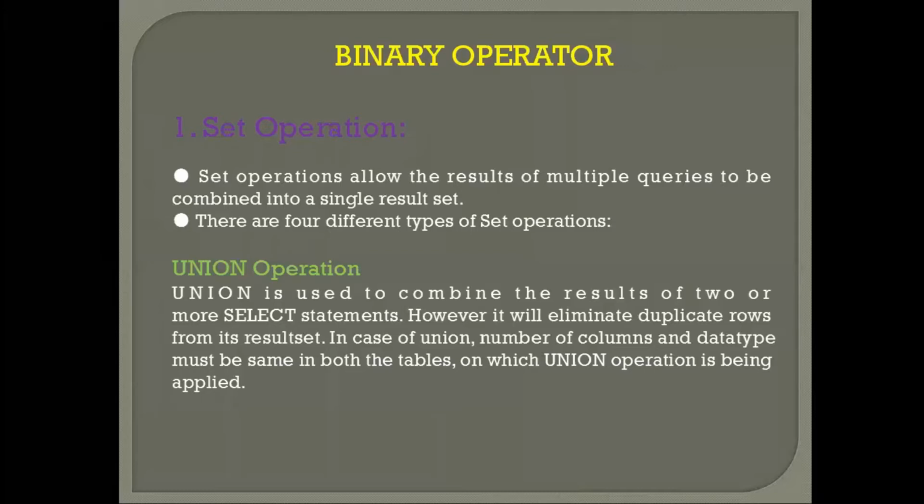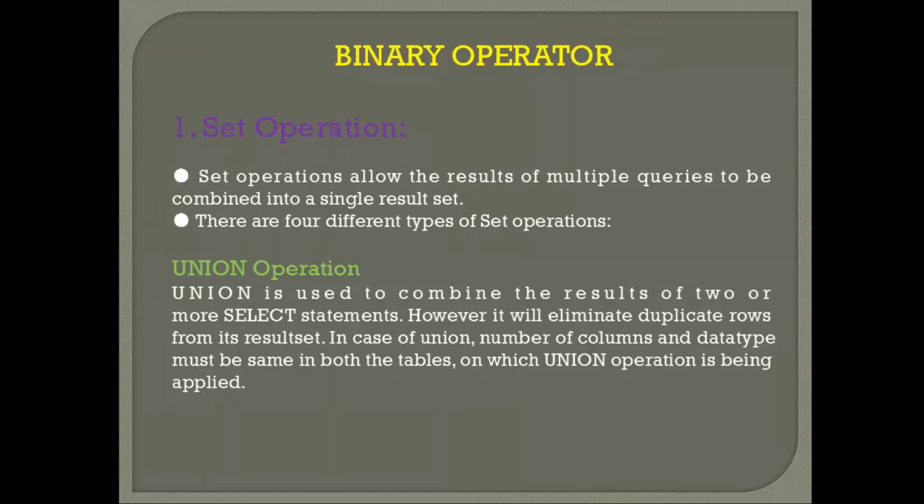For binary operators, we already saw in a previous lecture that the definition says it takes two tables as an input and creates a single table as an output. Today we are going to learn its types and how it implements these concepts.